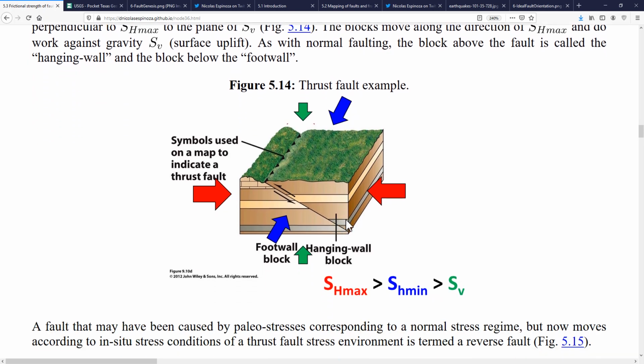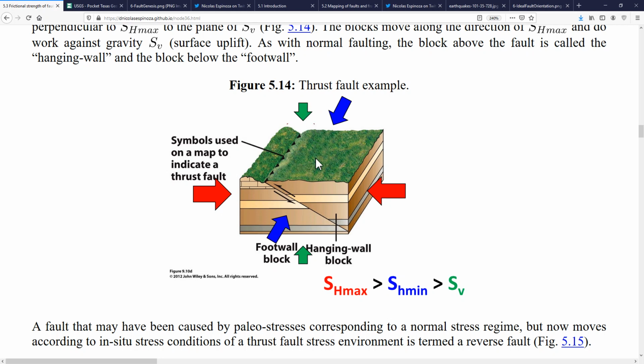Let's look at the dip and the strike. Same as before, the angle now here is more or less 60 from here, from the plane of the maximum principal stress, now SH max, to the plane of the fault, and the strike of the fault depends on the direction, which is, in this case, perpendicular to these two, the maximum principal stress and the minimum principal stress.